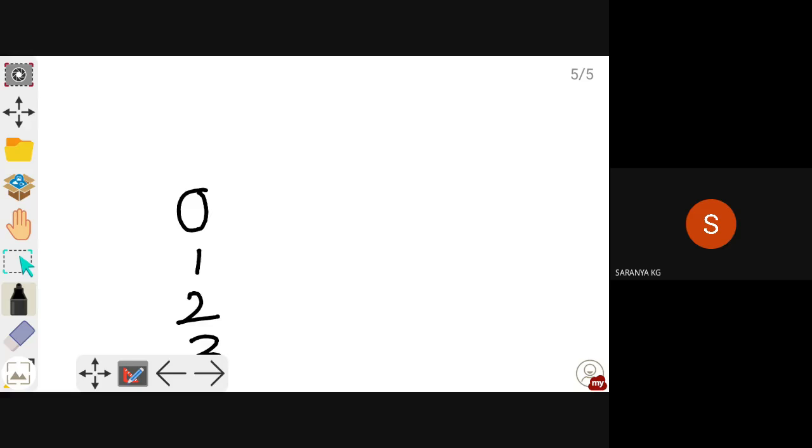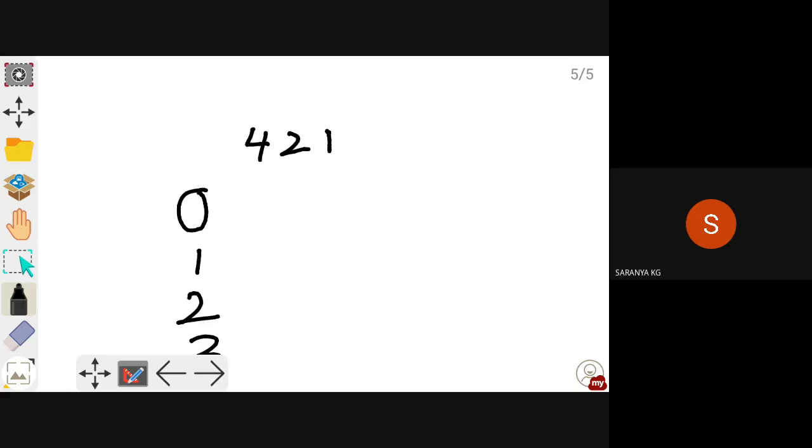So you require 3 bits for representing these digits. 2 power 0 will be 1, 2 power 1 will be 2 and 2 power 2 will be 4. These are the 3 bits you are going to use, that is 2 power 0, 2 power 1 and 2 power 2.